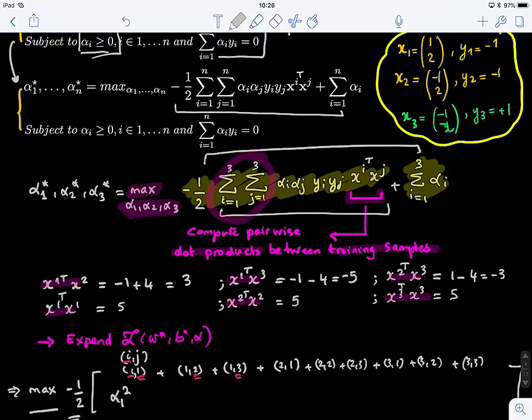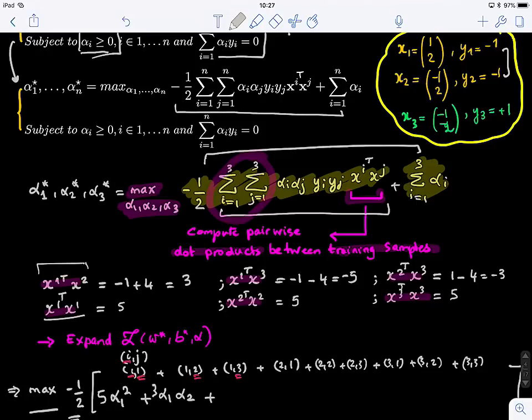And then we have x1 transpose x1, so that's 5. And then the second term, so let's do a plus. We have alpha 1, alpha 2. Then we have y1 y2, so that's also positive, right? And then x1 transpose x2, so that's 3.